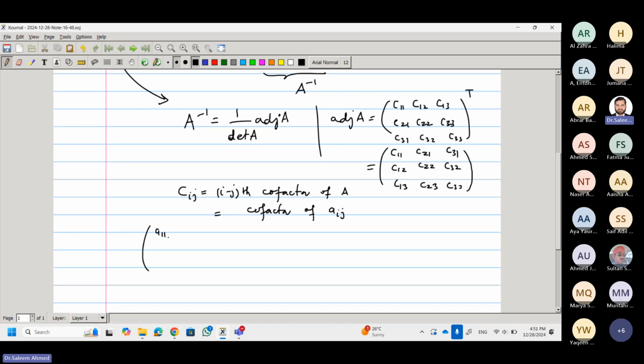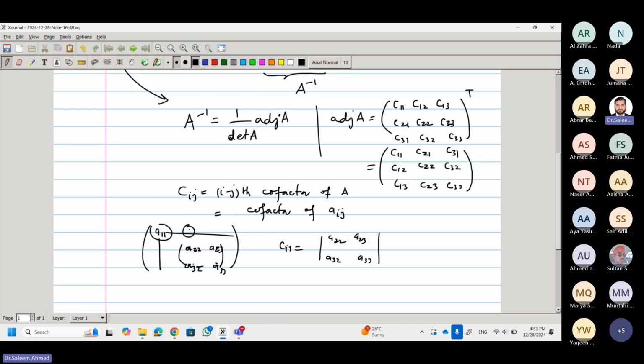So if this is A11, you remove the row and column of A11, and the remaining matrix, you take the determinant of that. You remove the first row and first column, and the remaining matrix, you take its determinant. So C11 will become the determinant of A22, A23, A32, A33. So you have to do it with all the elements.